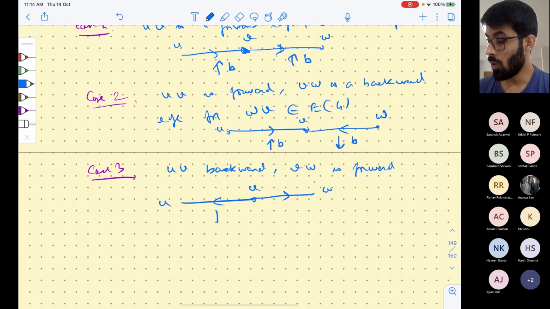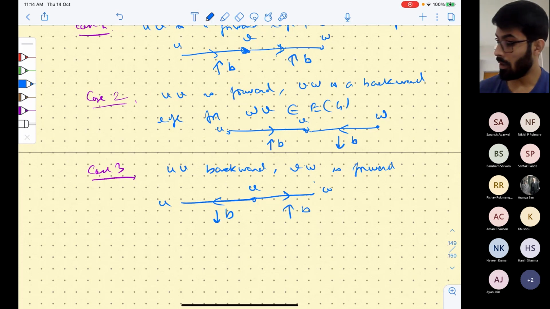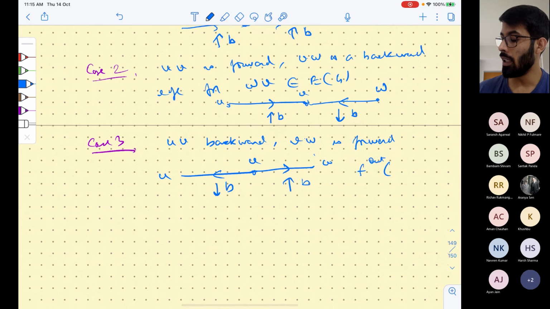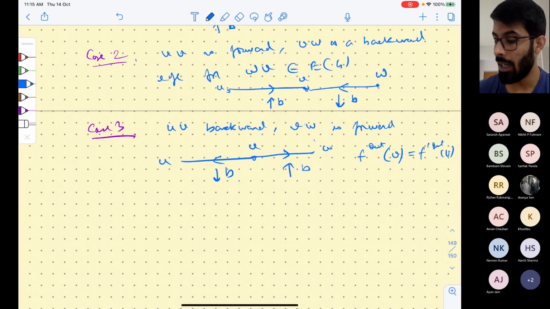So now this one goes down by B, this one goes up by B. Both are going out of V. One goes down and one goes up. So this is fine. Both edges are going out of V. So this will not change F out, and F out of V is equal to F prime out of V. And F in remains the same.